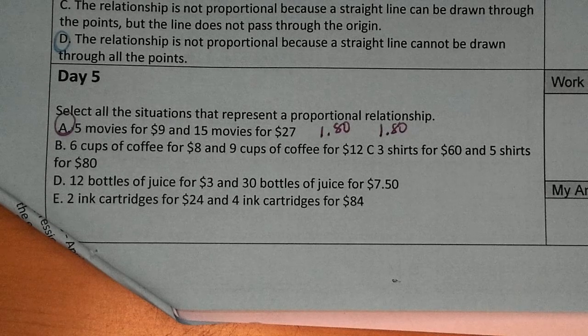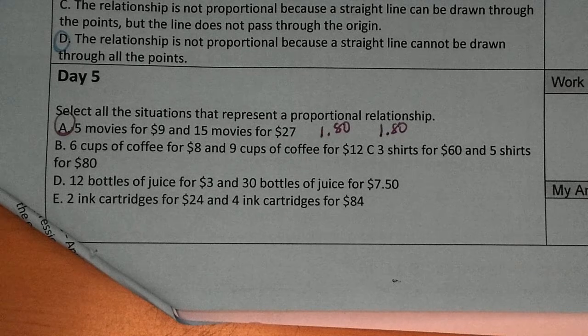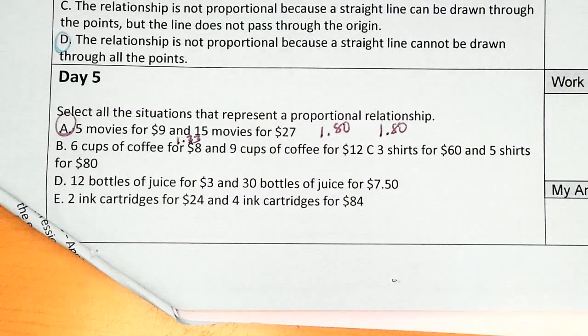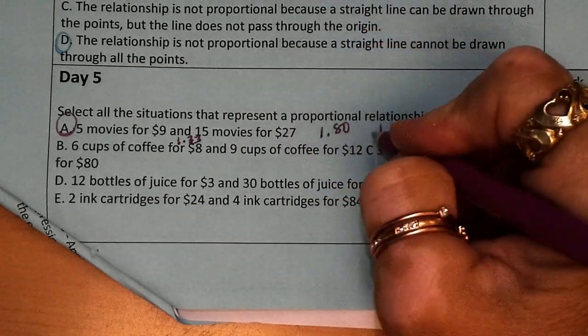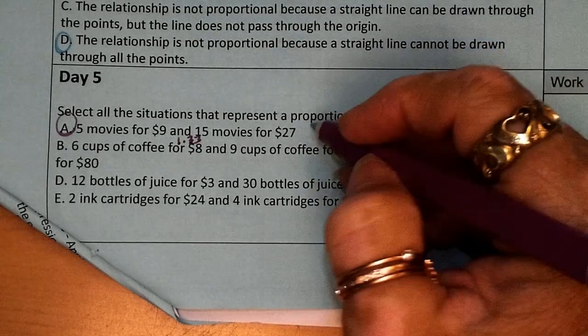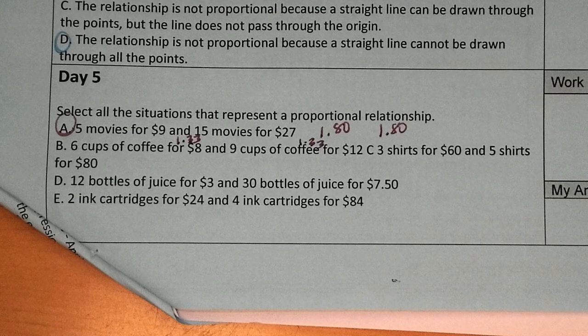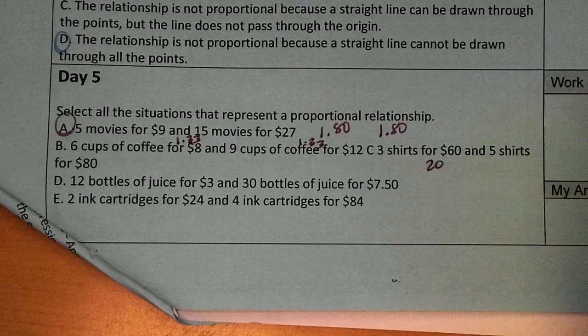So then you'd take B, so $8 divided by 6 is 1.33. 12 divided by 9 is 1.33. And then 60 divided by 3 is 20.